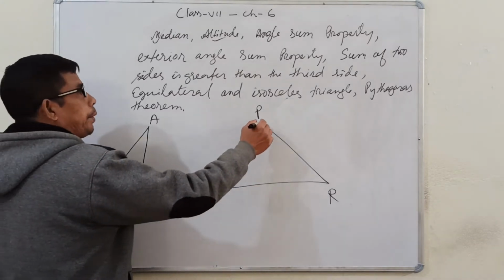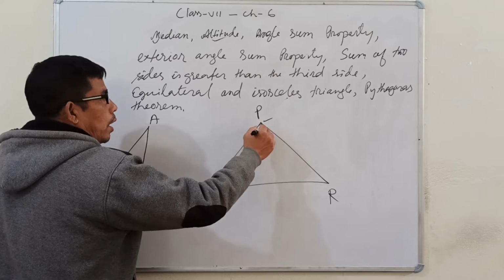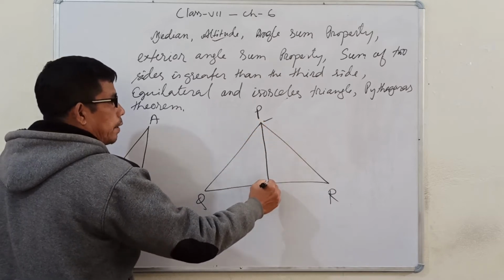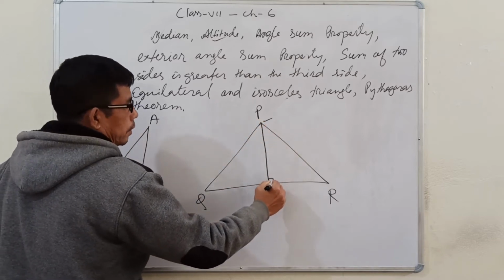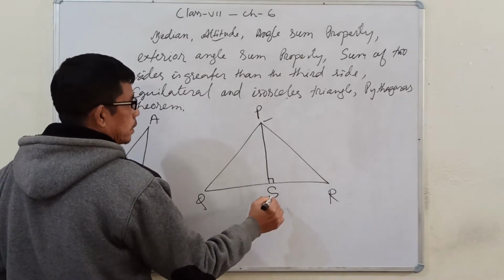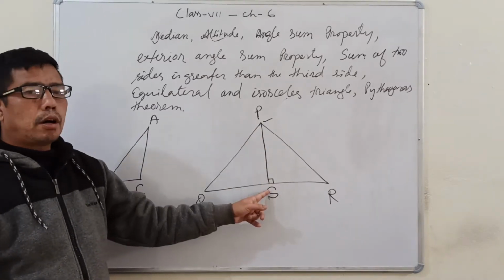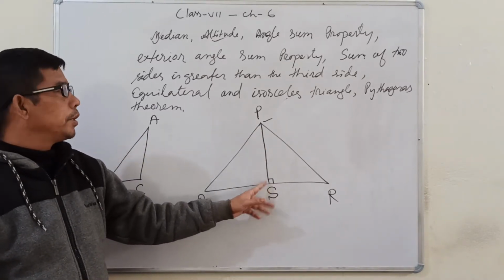So if we take P, then draw one perpendicular to the opposite side, QR. Let it be S. Then this PS is known as the altitude of this triangle.